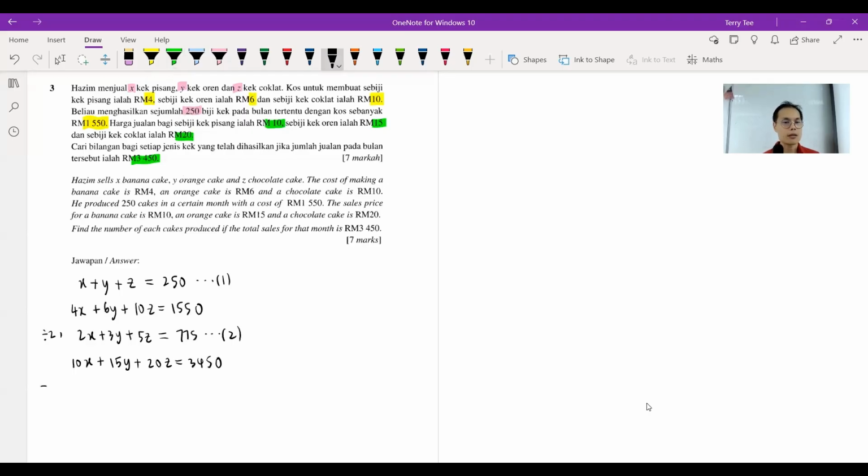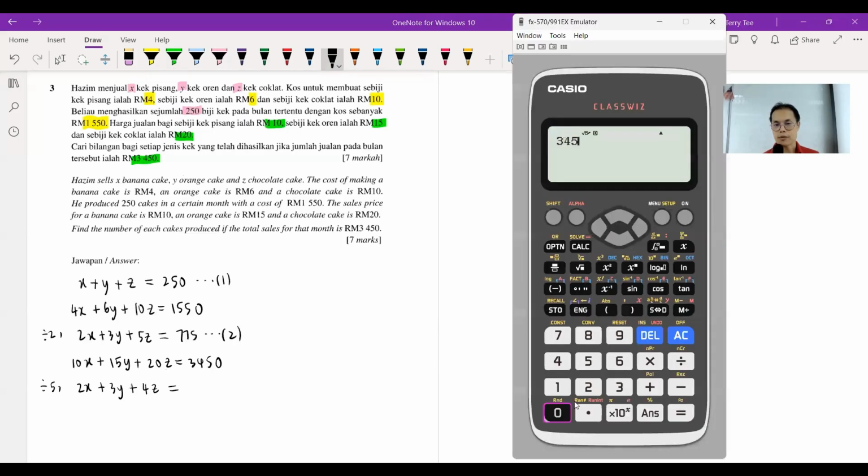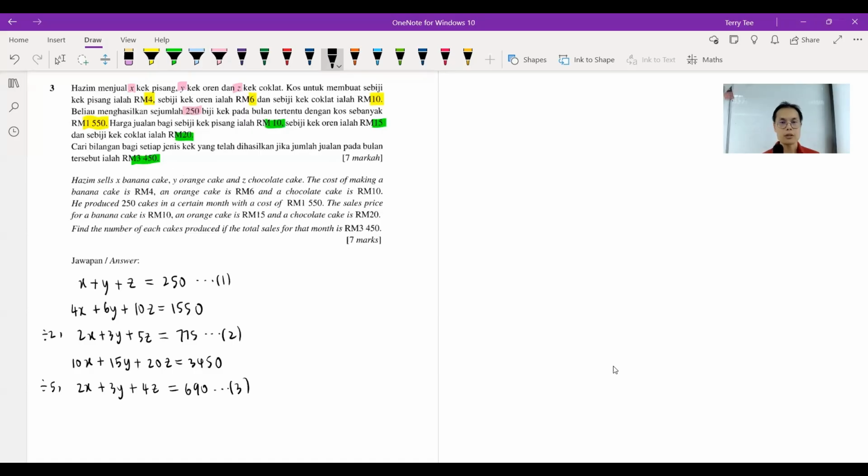Now let's divide everything by 5. So this will be 2x plus 3y plus 4z. Answer 3450 divided by 5. You should get 690.